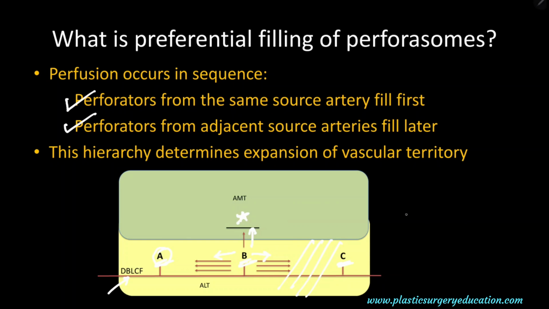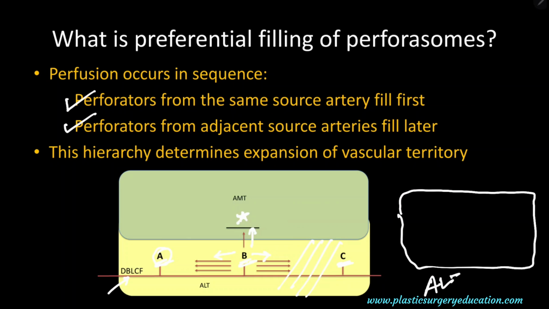That also explains to us that if we have an extremely long and an extremely wide anterolateral thigh perforator flap, this is the axis of the descending branch. So this is the direction of the preferential filling.